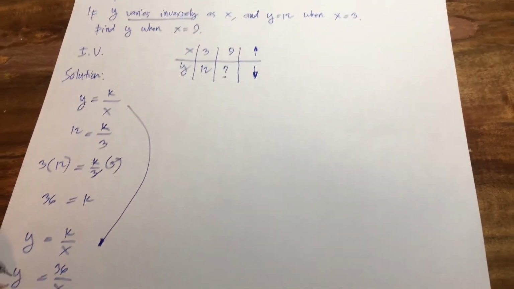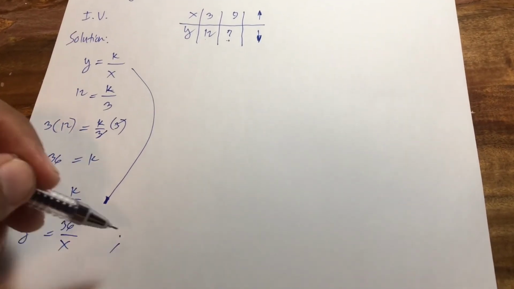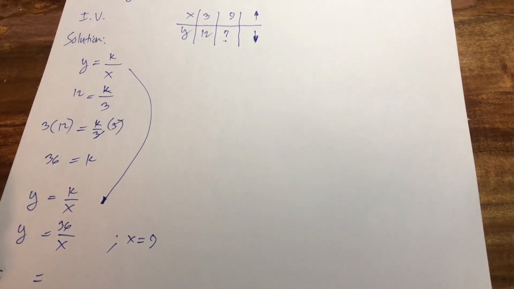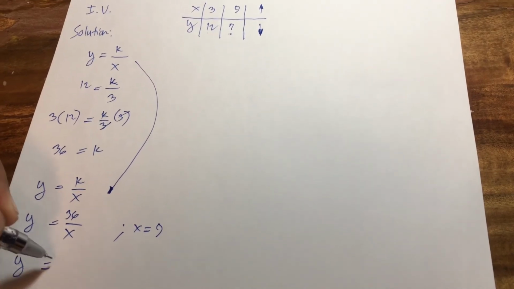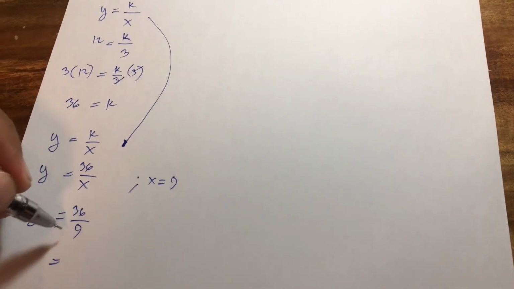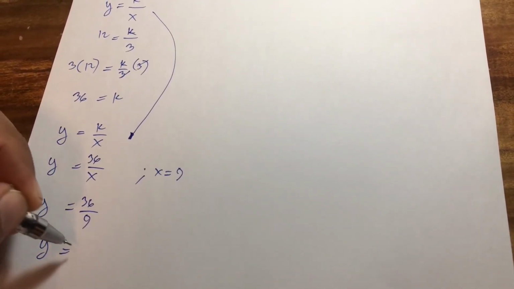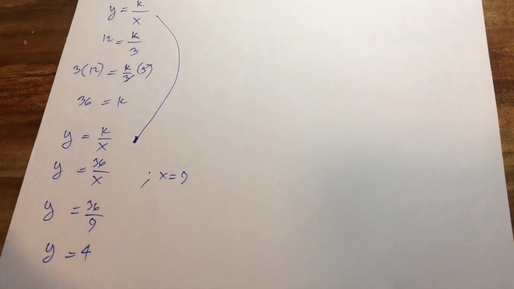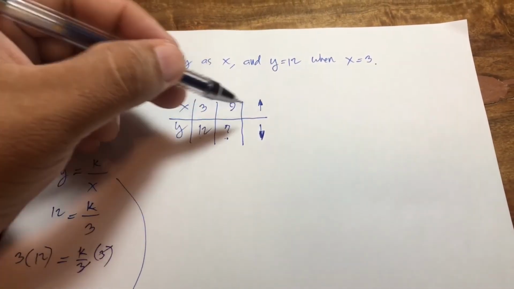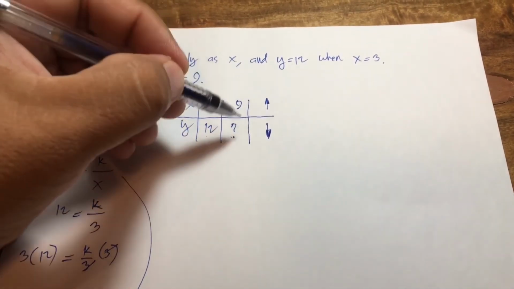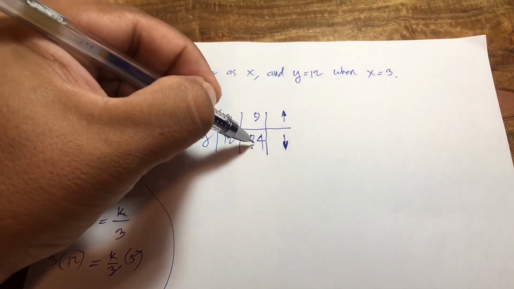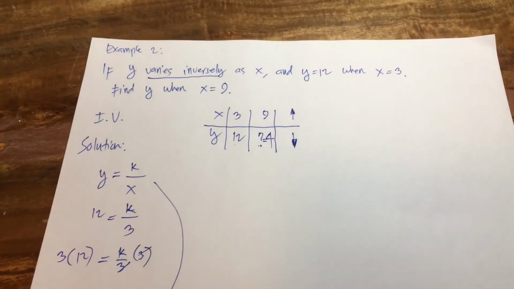What is y when x equals 9? So y equals 36 over 9. What is 36 divided by 9? So y is 4. So we will check. 3 becomes 9, increasing; 12, oh, we hit the value 4. So the question mark equals 4.